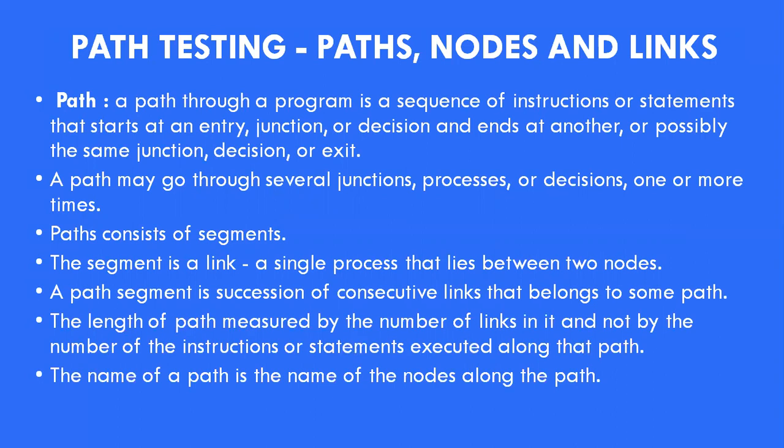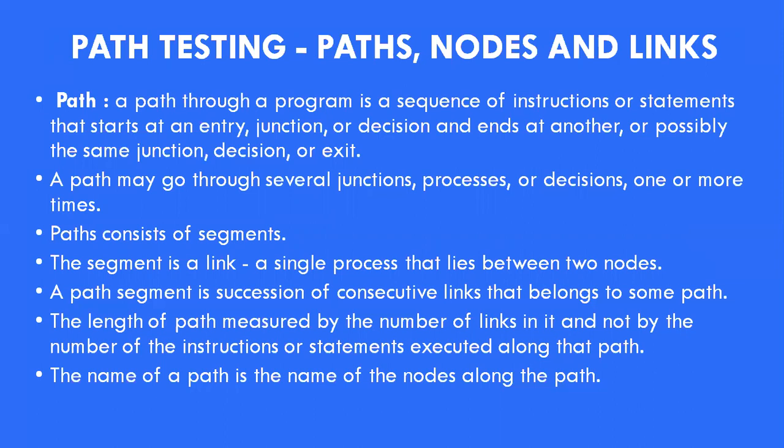A path through a program is a sequence of instructions or statements that starts at the entry, or a junction or a decision, and ends at another, possibly the same, junction, decision, or exit. So a path may go through several junctions, processes or decisions, one or more at a time.